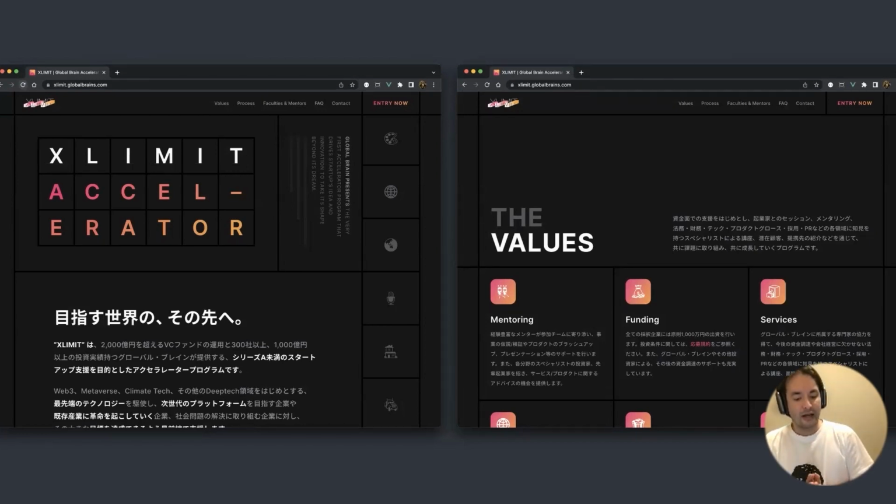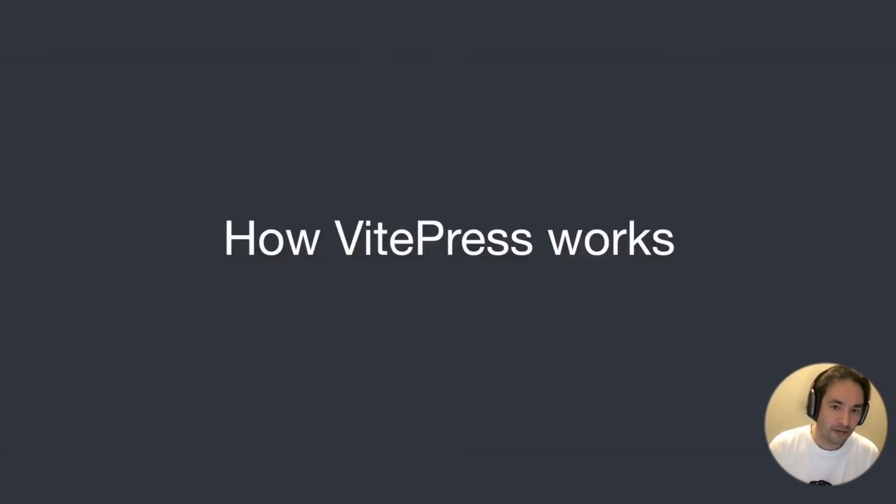Now, I hope you have a basic understanding of what VitePress can do. Now, let's go into how VitePress works. Again, I'm not going through the features of VitePress, but rather looking into how VitePress enables those features and how it uses Vite to do so. Now, VitePress is deeply integrated with Vue because the whole point of VitePress is it's a Vite and Vue-powered static site generator.